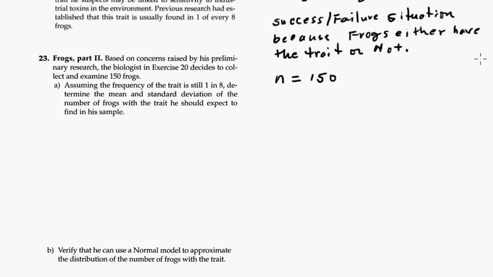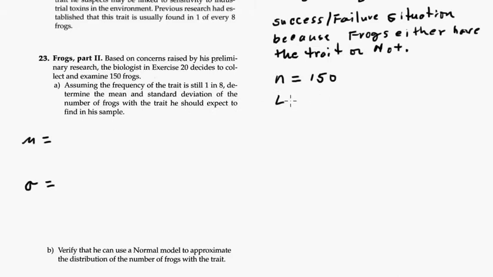Assuming the frequency of the trait is still 1 in 8, determine the mean, mu, and the standard deviation of the number of frogs with the trait he should expect to find.